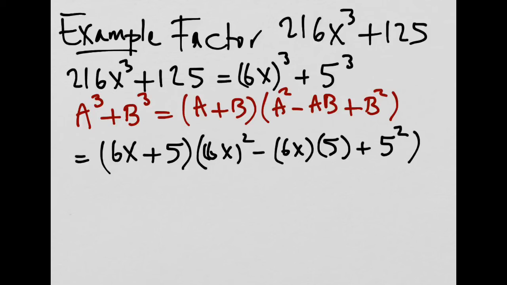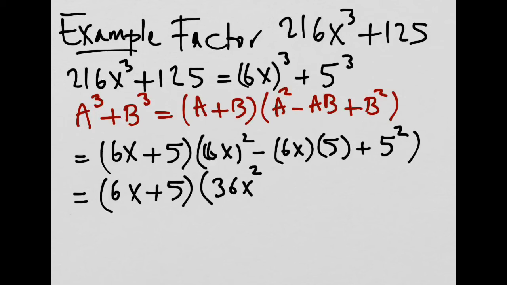Again, 6x is playing the role of a and 5 is playing the role of b. So this goes further as 6x plus 5 times 6x quantity squared is 36x squared minus 30x plus 25. And this is as far as this expression can be factored over the real numbers.